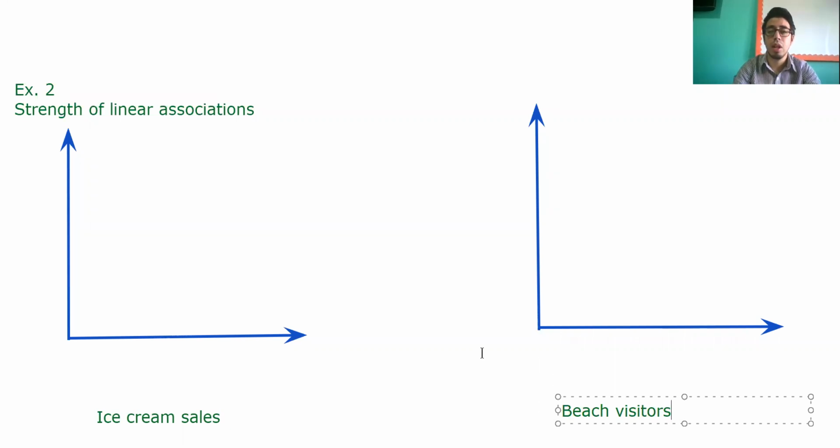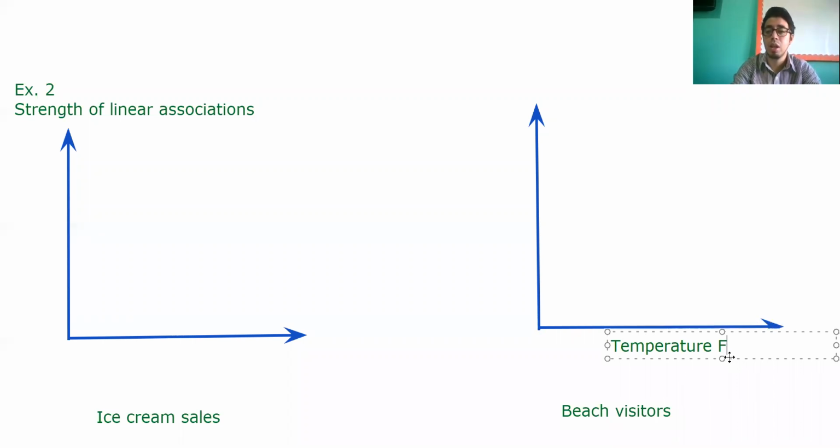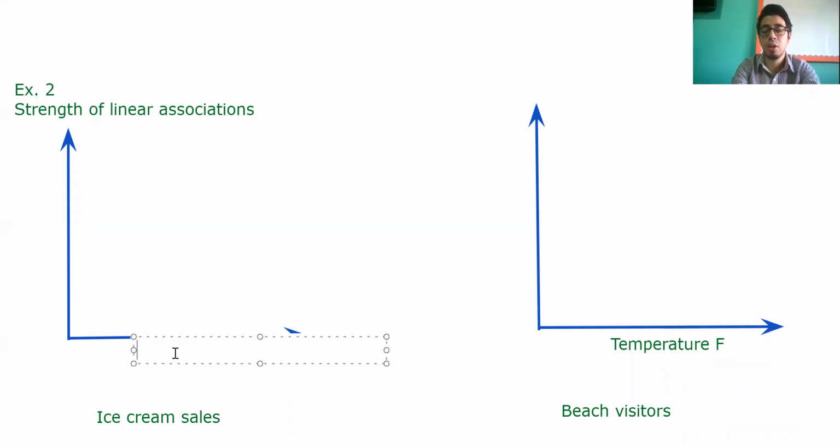Okay. Now I'm going to name the axis. This is the temperature in Fahrenheit degrees. I'm going to write Fahrenheit because I really don't know where the symbol for the degrees is located, but I don't want to look for that. We are going to waste more time.